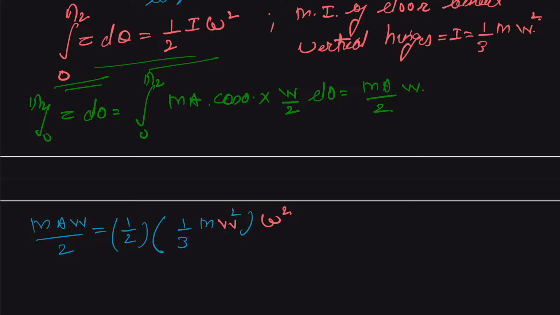So our mass cancels and 2 and 2, and W goes by this square.